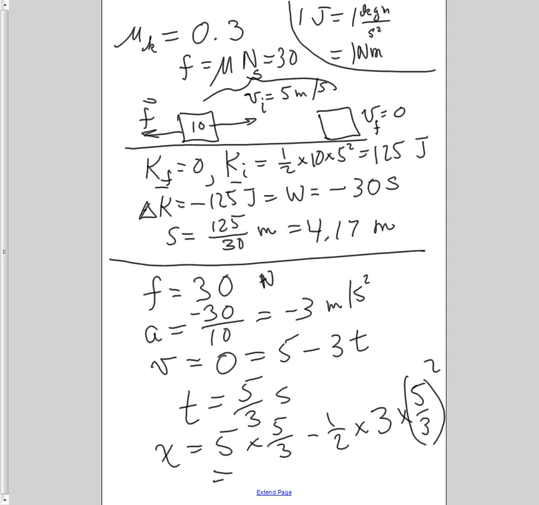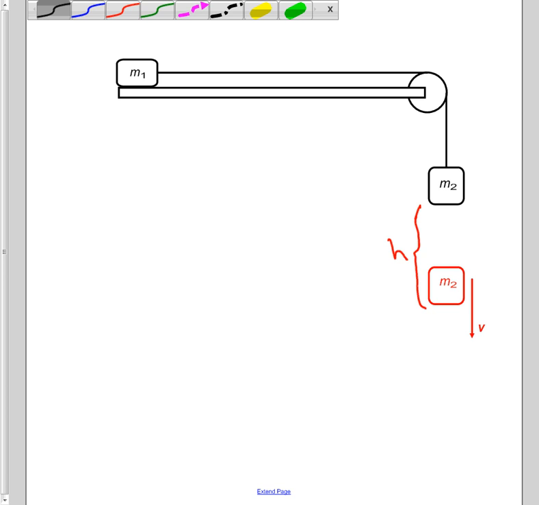And now if you do that arithmetic, you will find that you get 4.17. So this is sort of like a one-step problem compared to the way that you would do it the old-fashioned way.